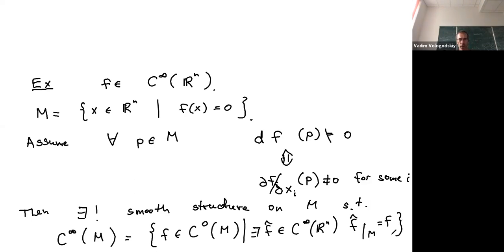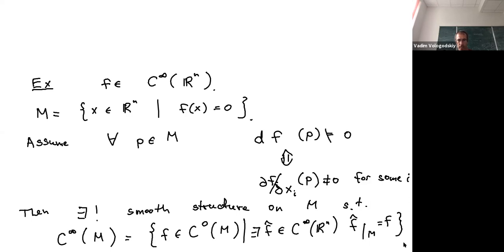So smooth functions on M are precisely restrictions of smooth functions on Rn. It requires a proof that a smooth structure with this property really exists, but the uniqueness is clear because C infinity of M determines the smooth structure.